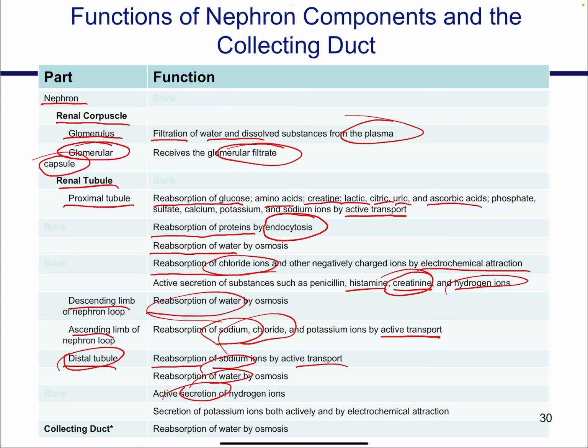Okay, active secretion means that the ions are going to be secreted with expense of energy, right, in the form of ATP. Okay, and you're going to have the secretion of potassium ions, and that is going to be by active process and also by electrochemical attraction.